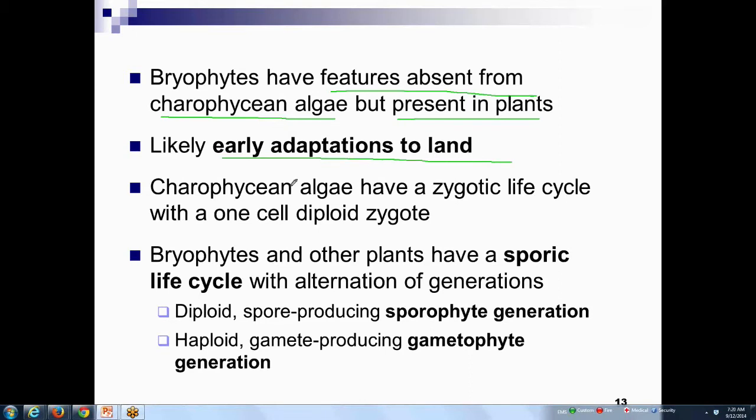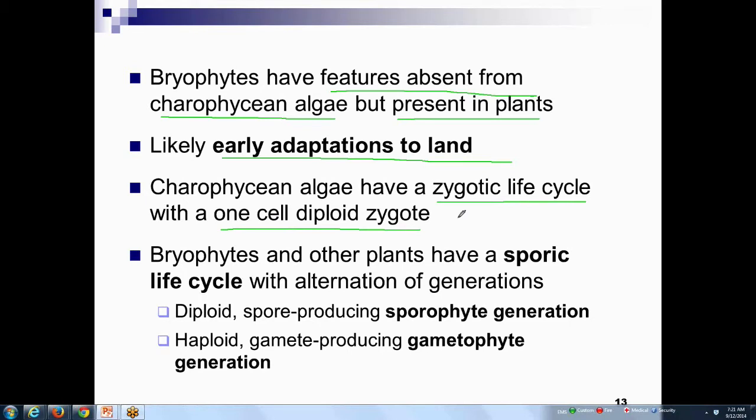For example, the Caryophycean algae, which again would be the ancestors of your land plants, had a zygotic life cycle, with only one cell being the diploid zygote. If you recall, the zygotic life cycle is where we have haploid cells making up most of the body of the algae, and then some of those cells become gametes, sperm and egg.